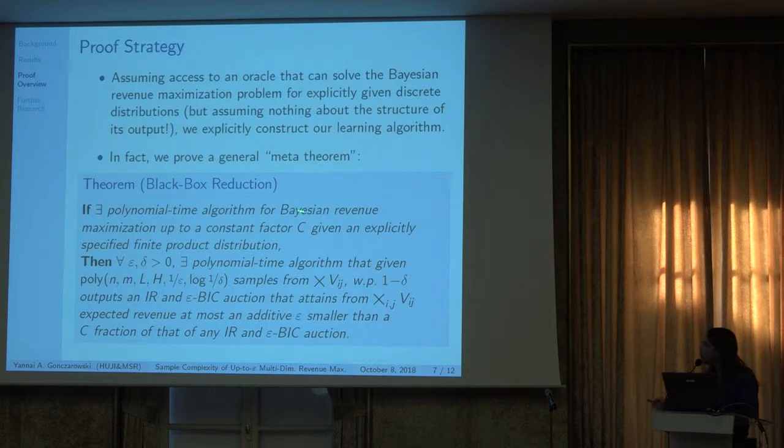So you reduce from Bayesian revenue maximization with precise incentive compatibility to learning with epsilon incentive compatibility.